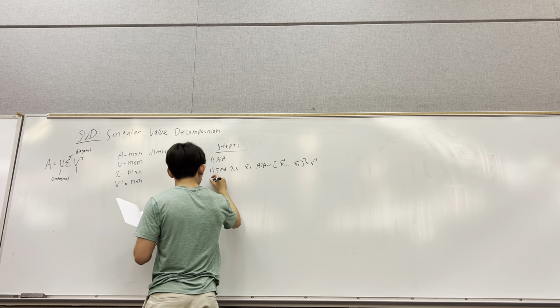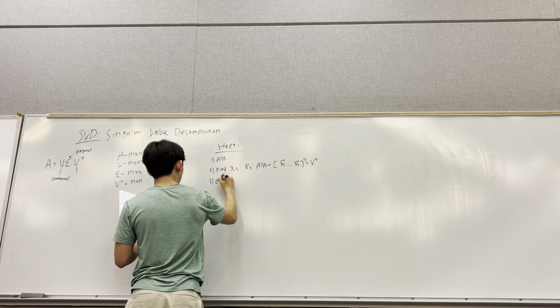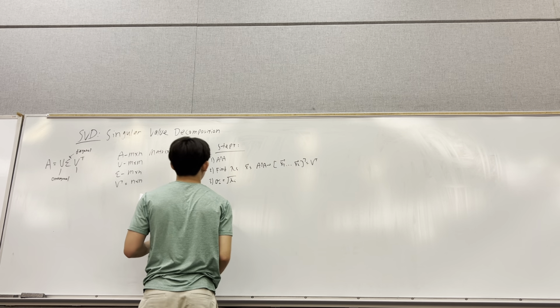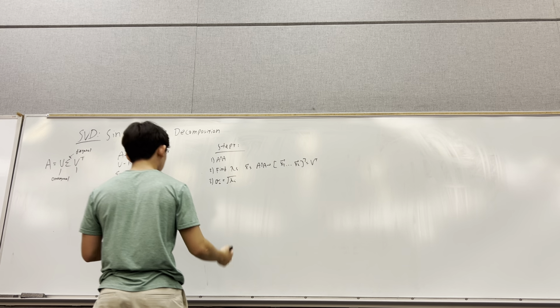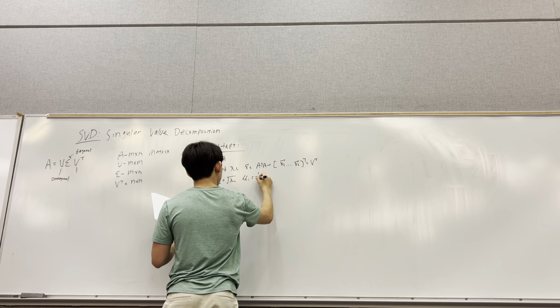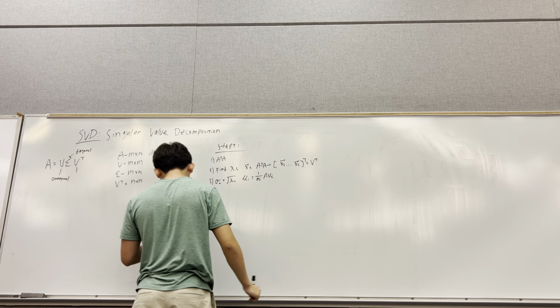After that, we will be solving for sigma i, which is equal to the square root of the eigenvalues, right? And through sigma i, we can find ui, which is equal to 1 over sigma i times A times vi.